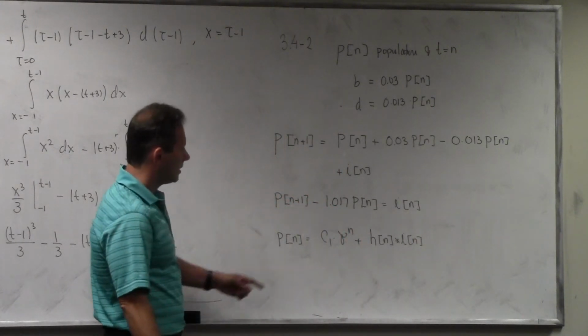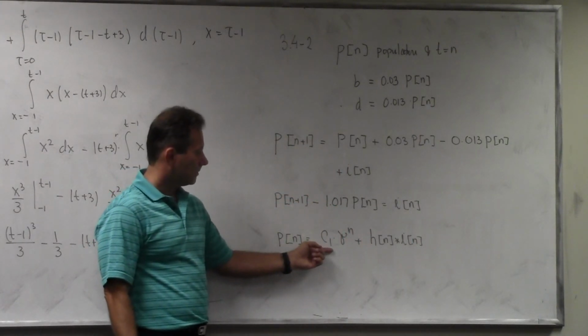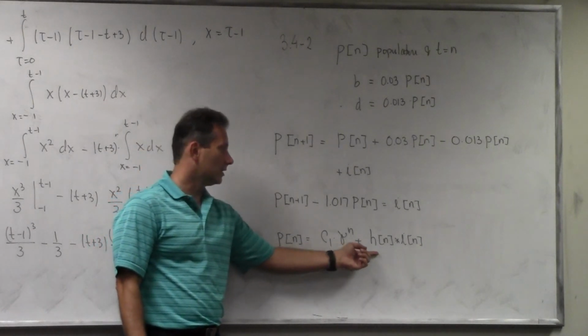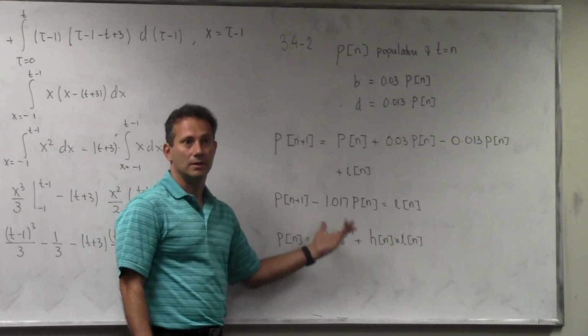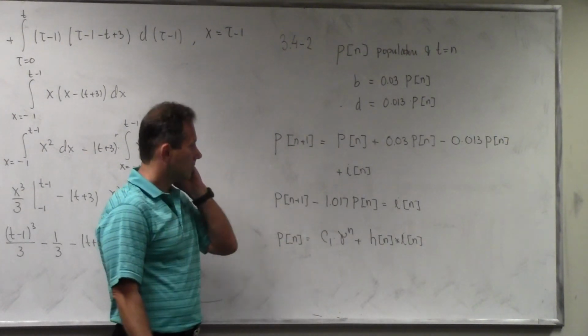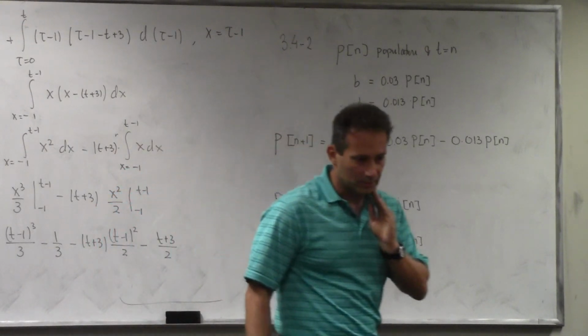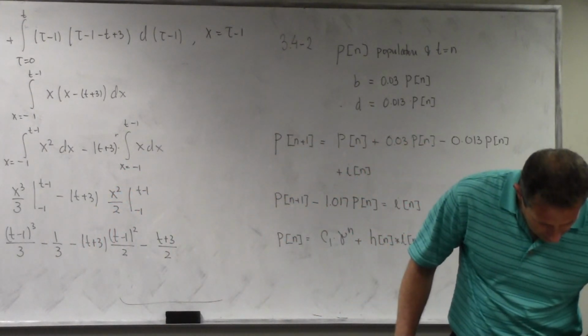This one I can calculate by solving the characteristic equation. This one I calculate the impulse response. And what's I of n?